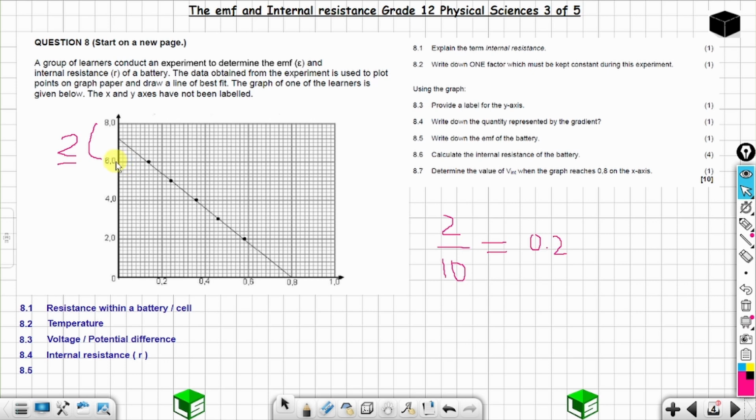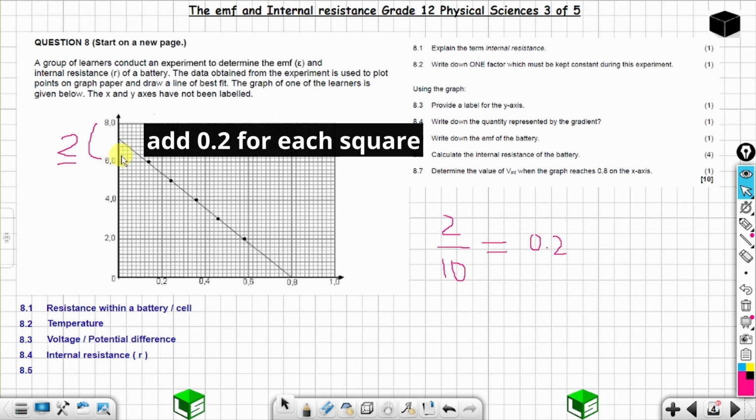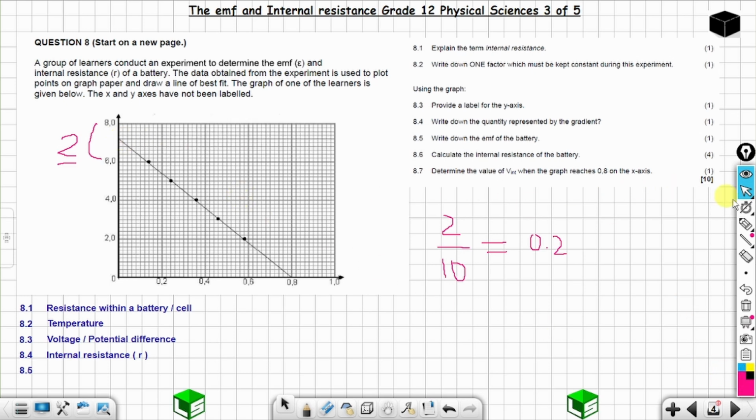You start from 6, one square above, you have 6.2, 6.4, 6.6, 6.8, 7, 7.2. So you have 7.2 there when you read. This is the maximum, the EMF. So the EMF is equal to 7.2 volts.